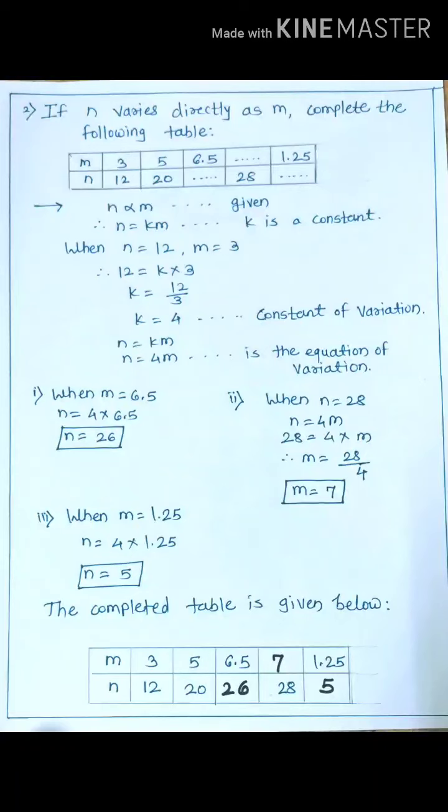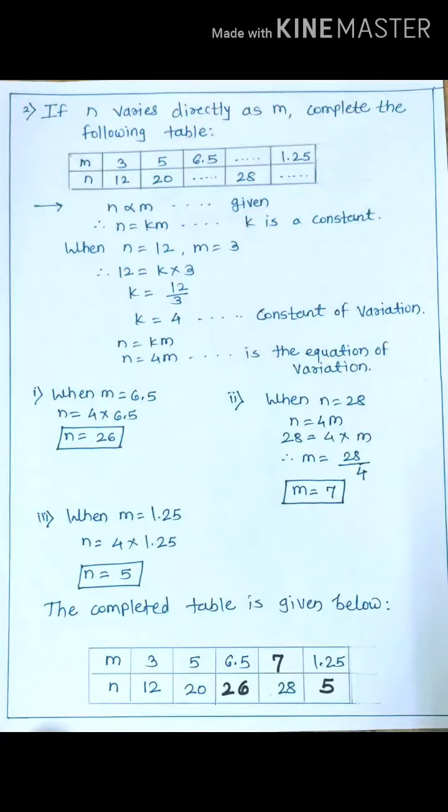We have to find the value of m. Therefore, m is equal to 28 upon 4. m is equal to 7. Third, when m is equal to 1.25, find the value of n. Therefore, n is equal to 4 multiplied by 1.25. So, n is equal to 5.